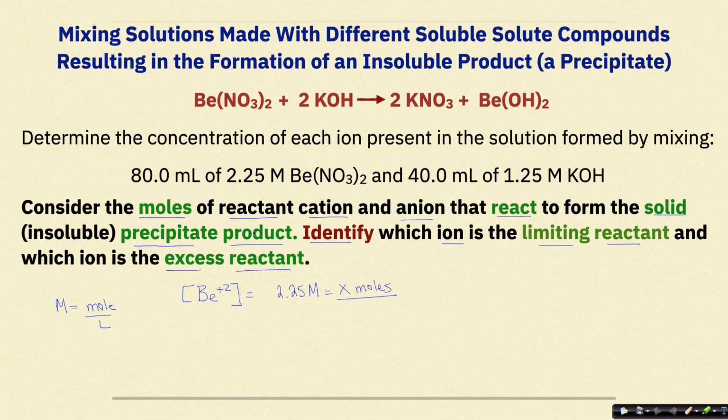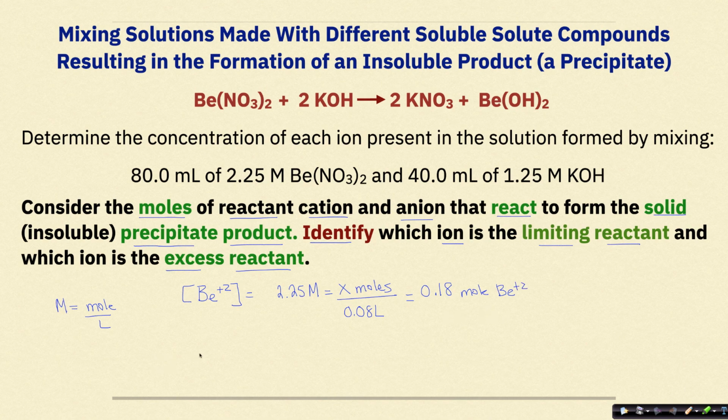The volume associated with this is 80 milliliters. So I'm going to convert that into liters, 0.08 liters. And if I cross multiply here, I am going to get 0.18 moles of Be plus 2. Fantastic. Moles of Be plus 2.